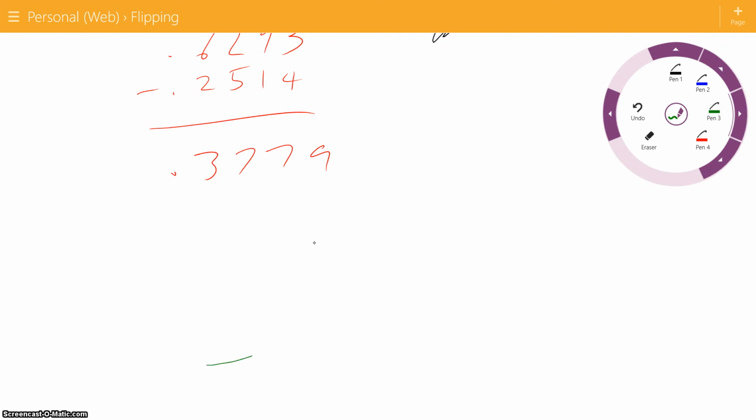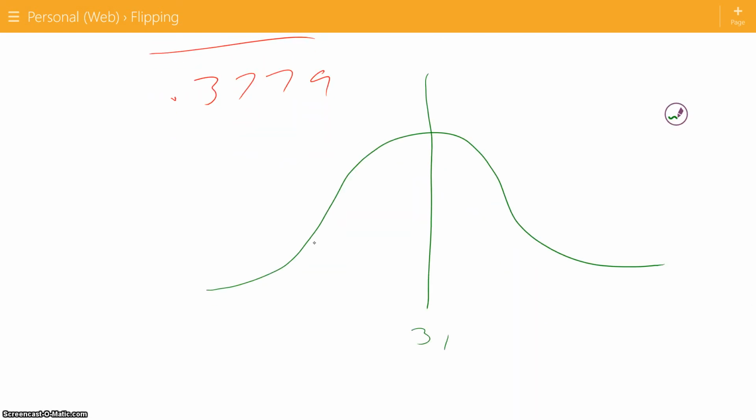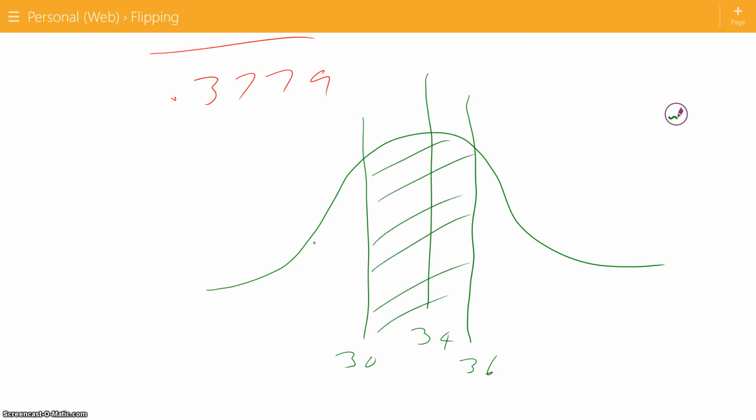And what this tells me, let me go back to, let's do green because green is good. What that tells me is that if I'm right here, there's my mu again. We said this was 34. And here is 30. And a little bit closer on this side, there's 36. All this area right there is 0.3779, or about 37.79%.